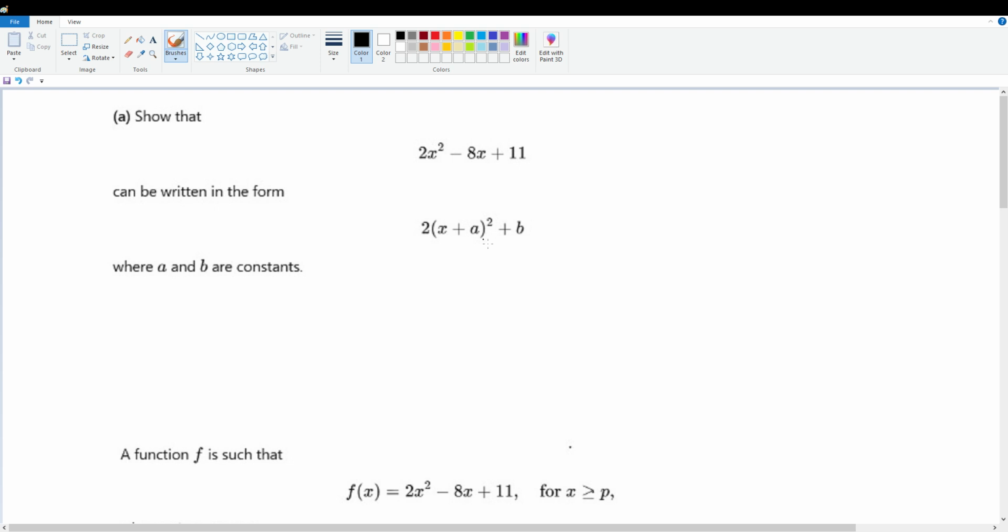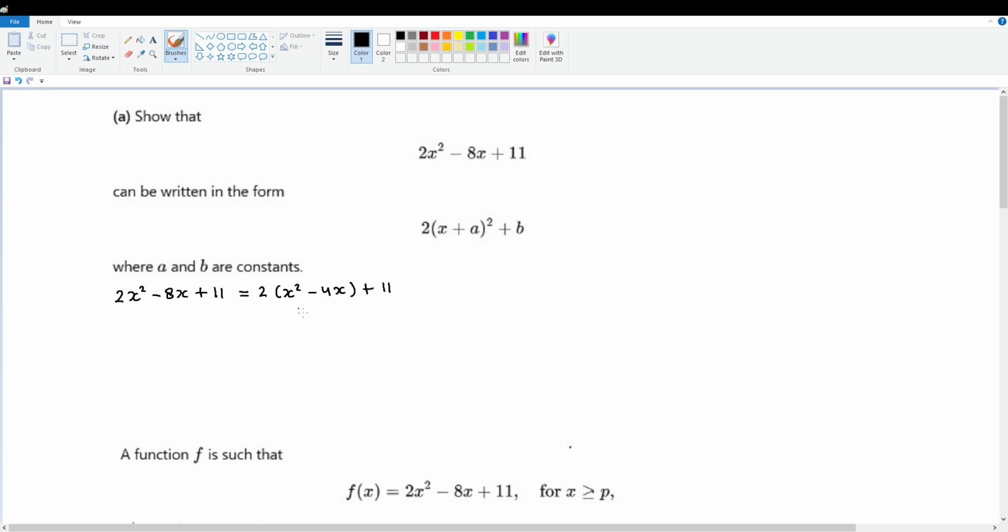So to do these questions, you need to write down the expressions. Here we have 2x squared minus 8x plus 11. Now you need to factorize the coefficient 2 from 2x squared minus 8x, and it becomes 2 times (x squared minus 4x) plus 11.